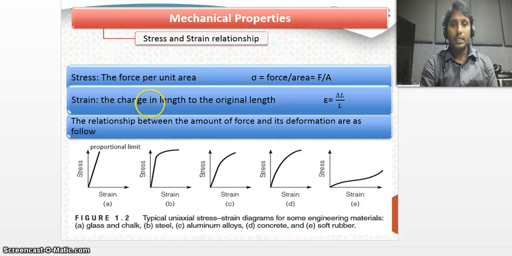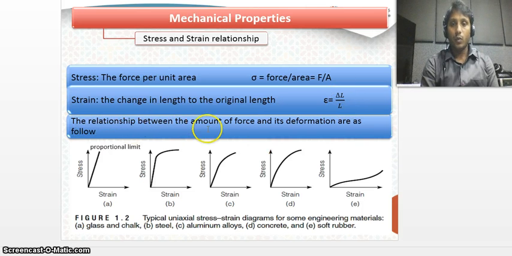Strain is the change in length to the original length. This symbol is epsilon. Strain is equal to change in length over original length, delta L over L.